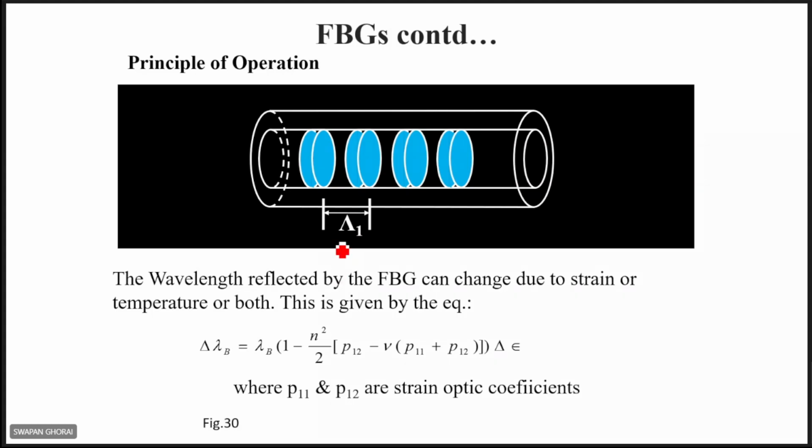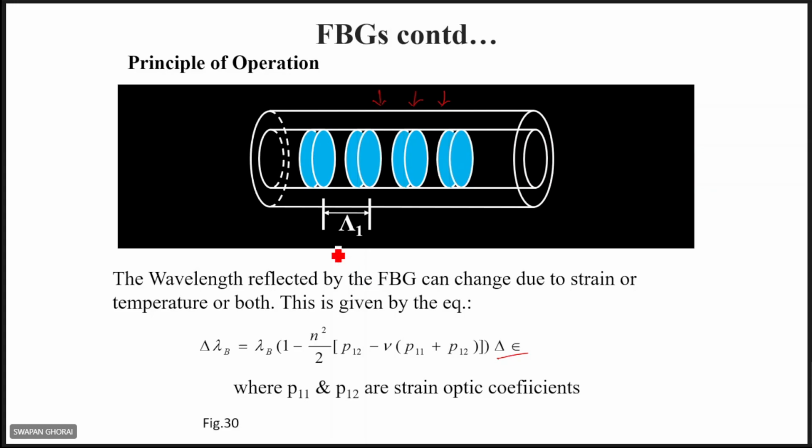And you see this slide actually shows you can change the wavelength by using strain. By strain, this periodicity can change. If you give some pressure or some load here, then the periodicity will change.